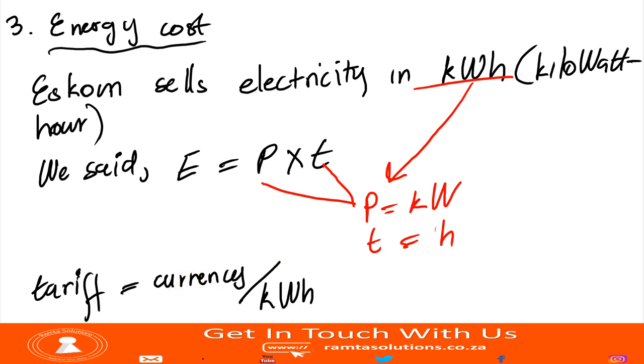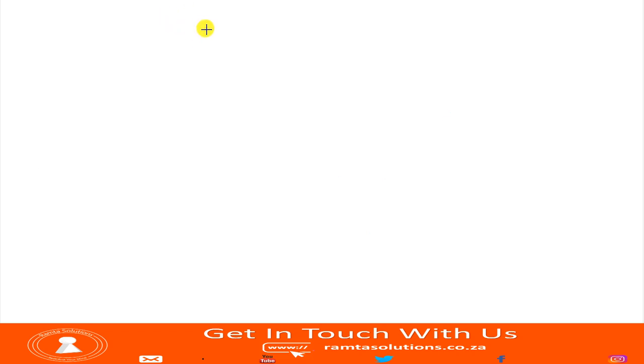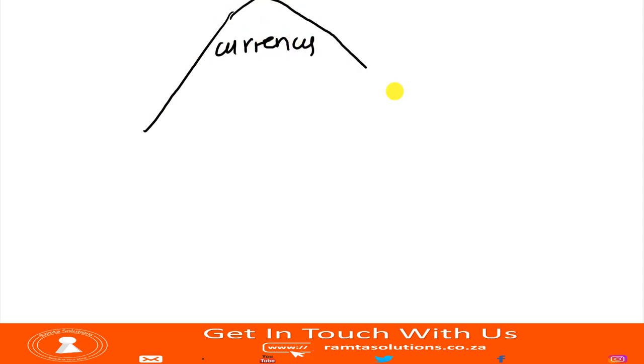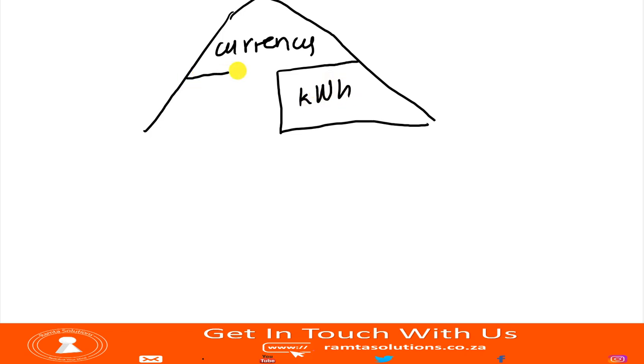So this must be giving you this. It is in currency, and then per kilowatt hour. So what is this?